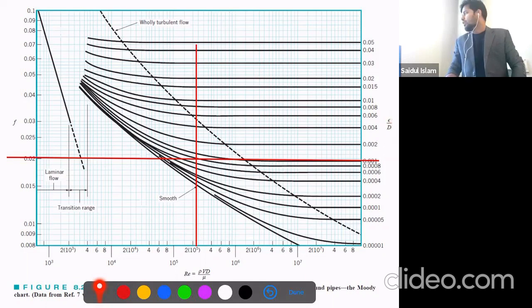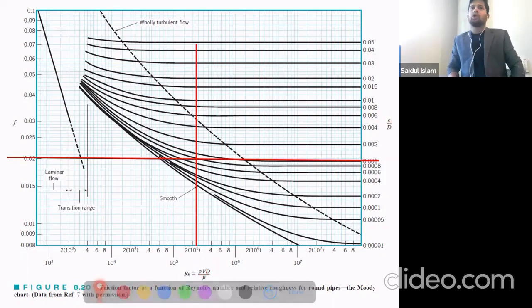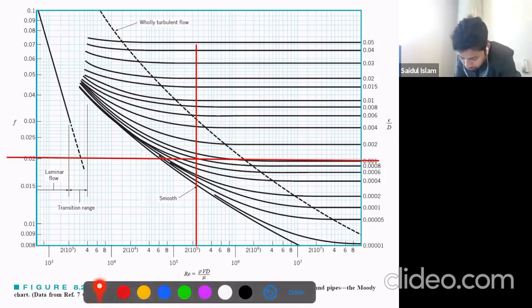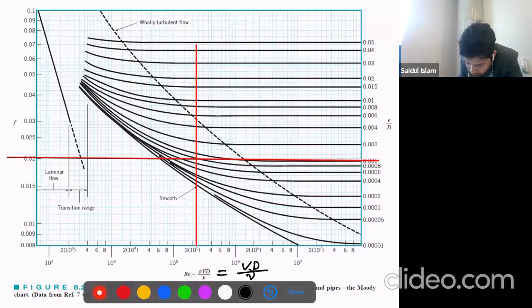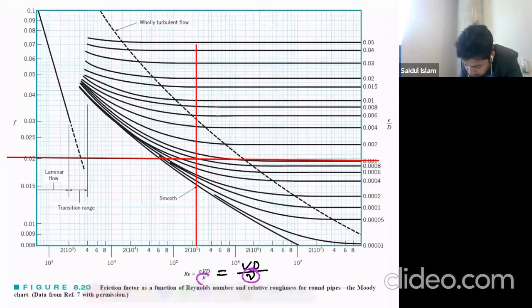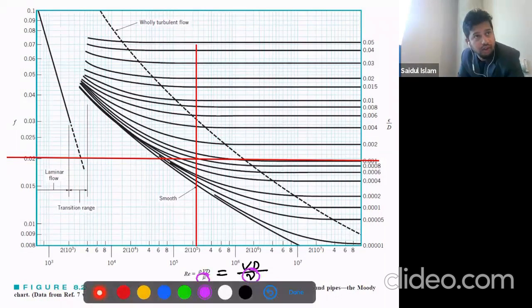Okay, so for the Reynolds number, we know different formulas, guys. This is one formula. The other formula could be V D over nu. So you know the difference between these. This is kinematic viscosity, this is dynamic viscosity. We discussed it in the first couple of weeks.